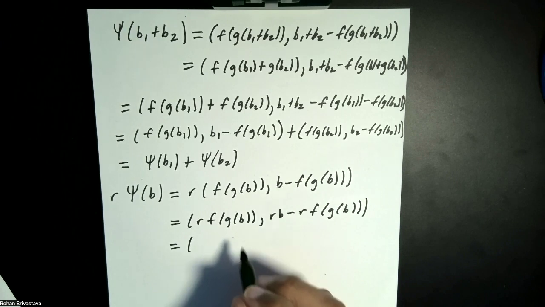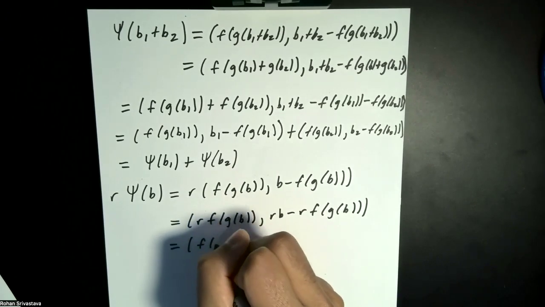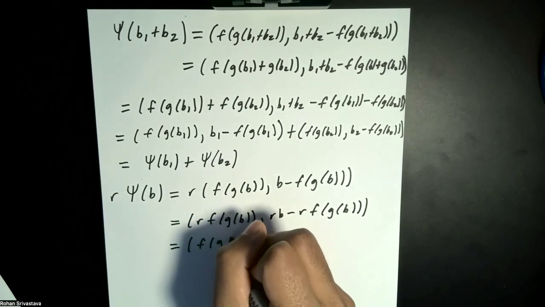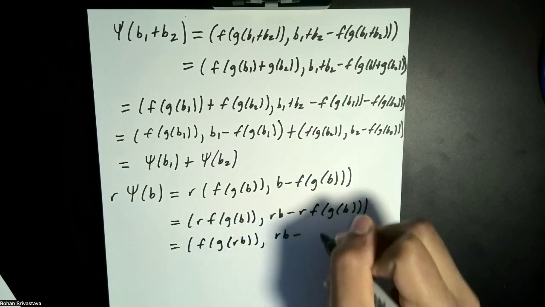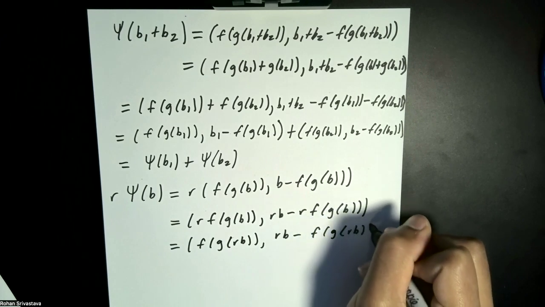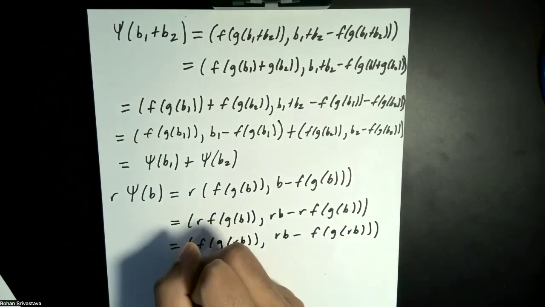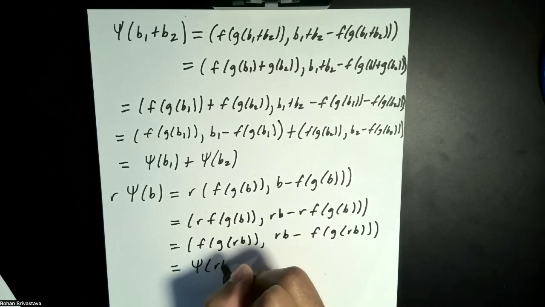And same for G, we'll just do those in one shot here. So this is F of G of rb, comma, rb minus F of G of rb. We've sort of done two steps at once here. And this is now clearly psi of rb.